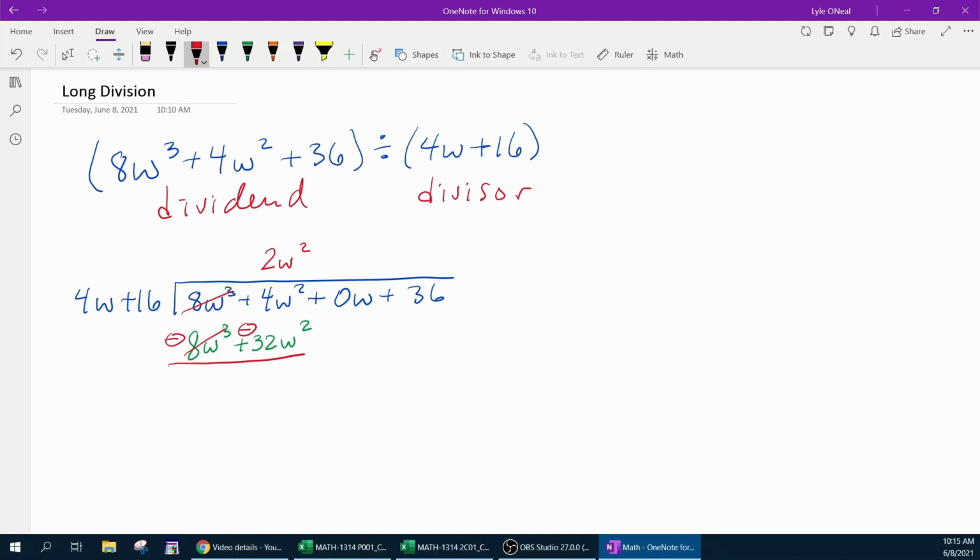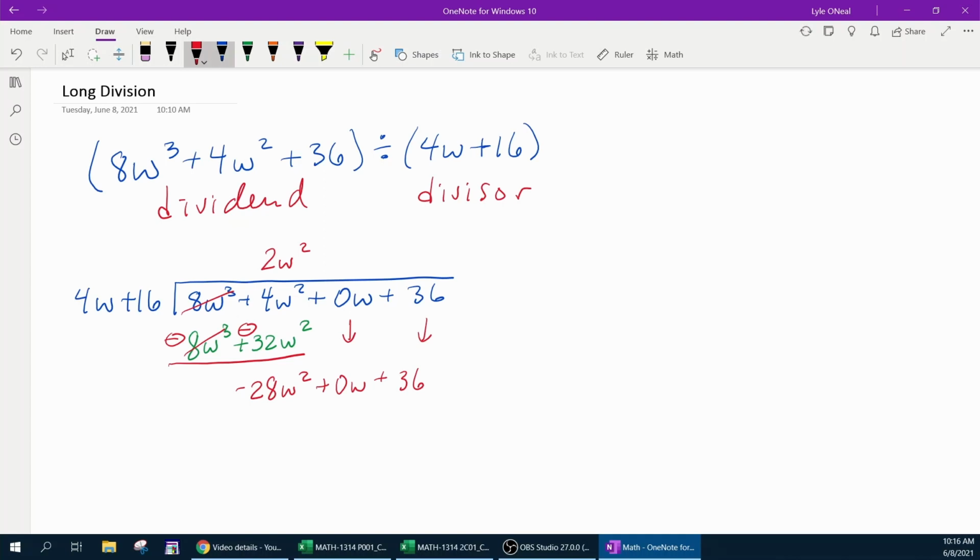The 8w cubes cancel. 4 minus 32 is a negative 28w squared. And then I'm going to bring down the other terms, again, just to keep everything organized and lined up. At this point, the first step is done. That's one level done. And now we're going to rinse and repeat.